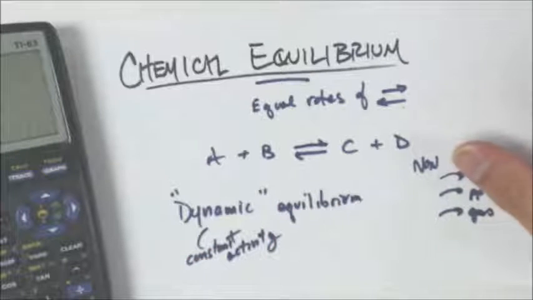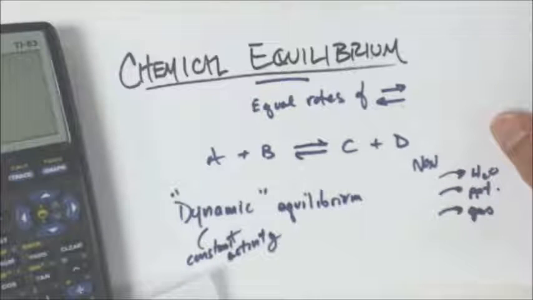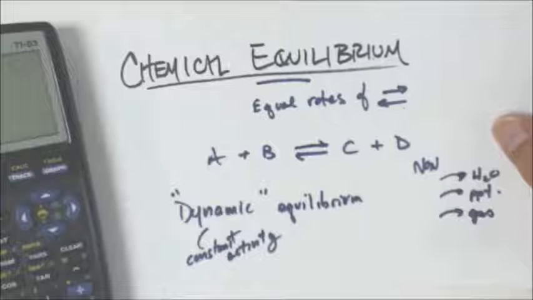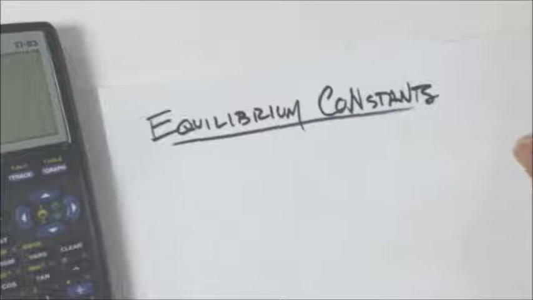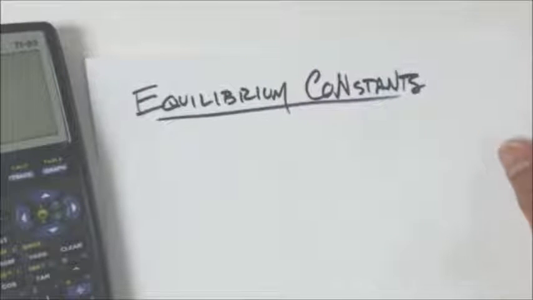The main part of this WebAssign is to describe equilibrium in a quantitative way, to give some numbers to crunch, to talk about chemical reactions in a manner that allows us to quantify what's going on in the chemical reaction. To do that, we use equilibrium constants.